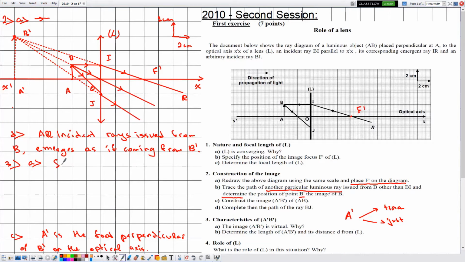So since it is erect with respect to the object AB, then the image A prime B prime is virtual.